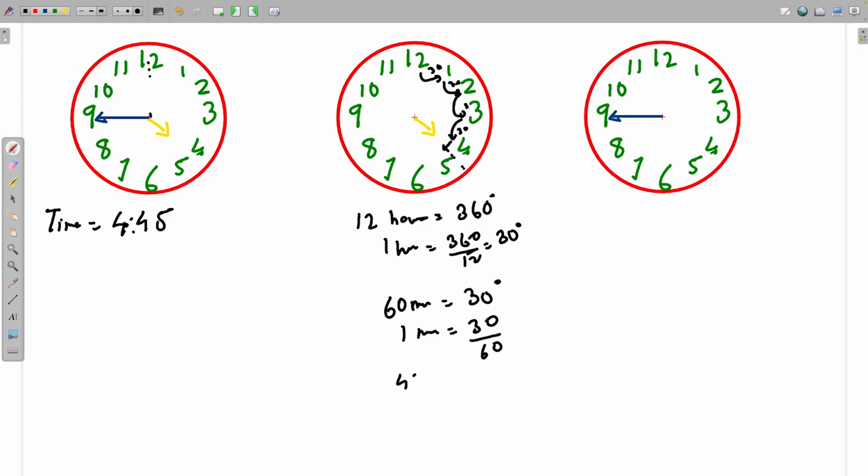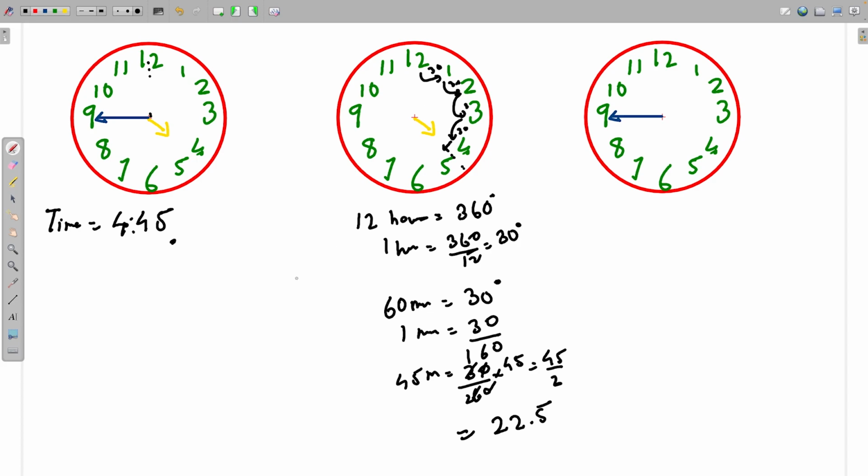And for 45 minutes, it's going to be 30 divided by 60 times 45. So it is 45 divided by 2, which is nothing but 22.5 degrees.